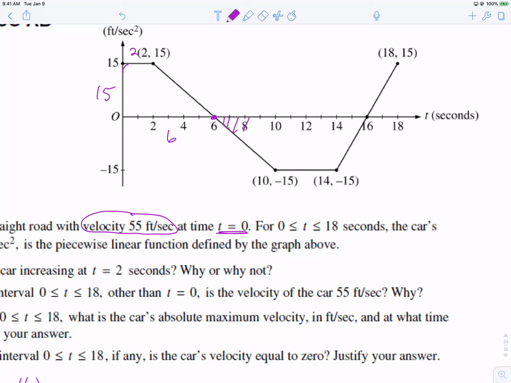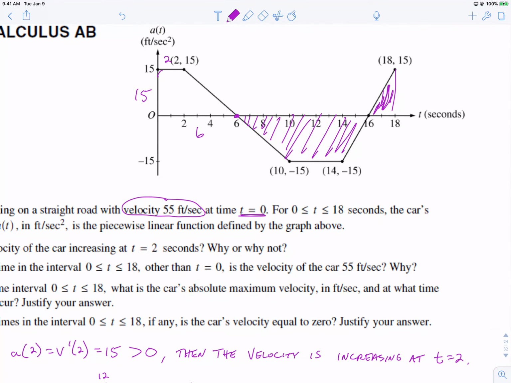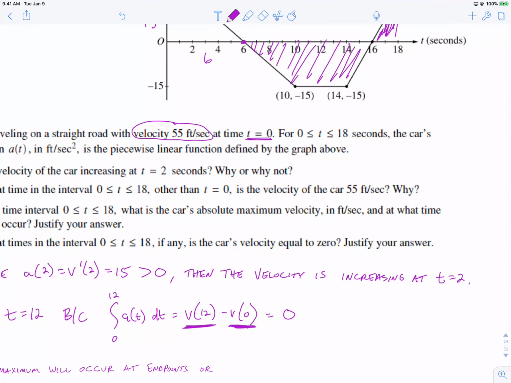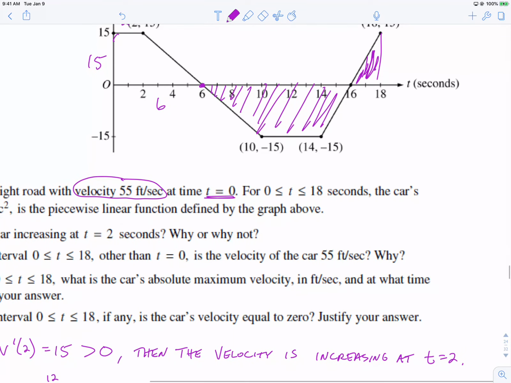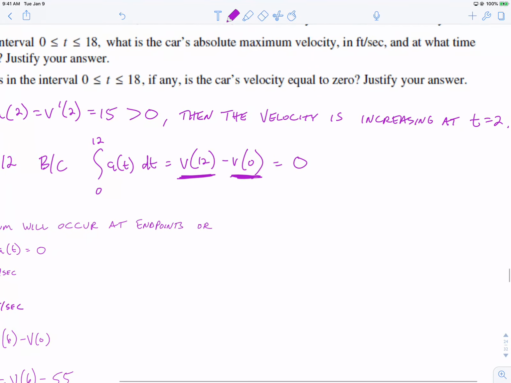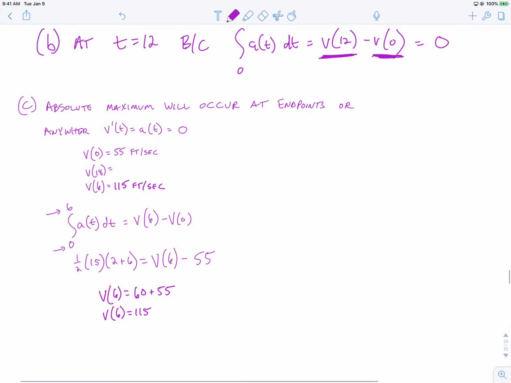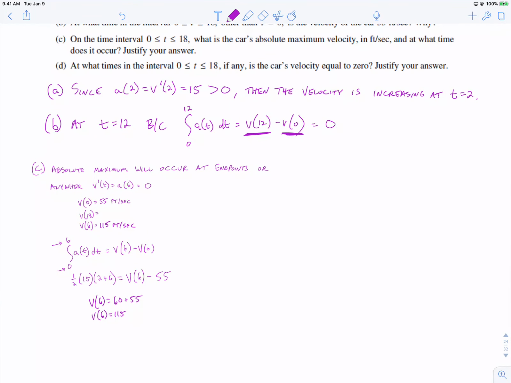If I integrate the acceleration from 6 to 18, I'm going to have a negative net acceleration there. So I'll have negative net velocity. So we're going to write out, I lost my place here. Where was it? Did I just lose a bunch of stuff? No, okay.